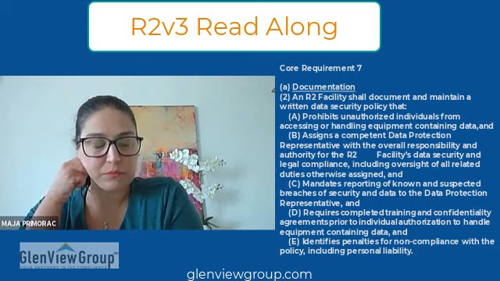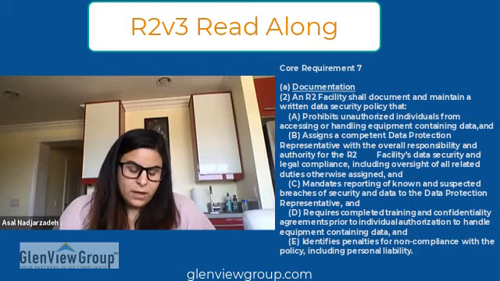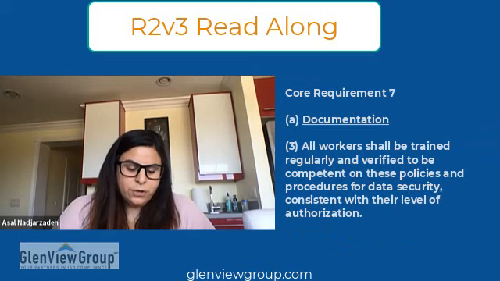And Section 3 requires that all workers shall be trained regularly and verified to be competent on these policies and procedures for data security, consistent with their level of authorization.